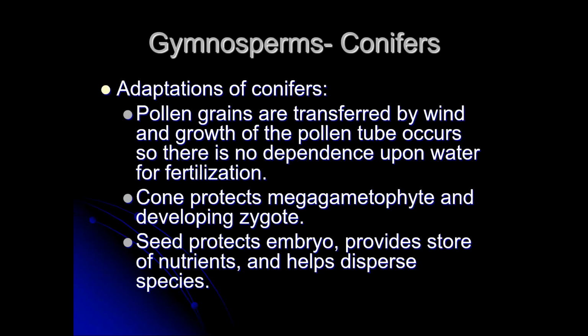So I've mentioned before that no plant really wants its babies growing up under its feet because they're going to compete for water and nutrients out of the soil. So evolutionarily, they've devised methods to get their spores or their seeds, in this case we're talking about seeds, spread away from where they are.